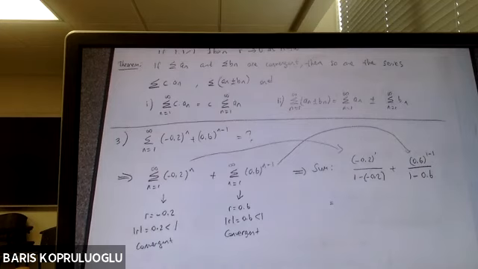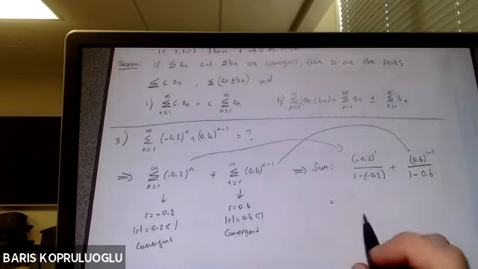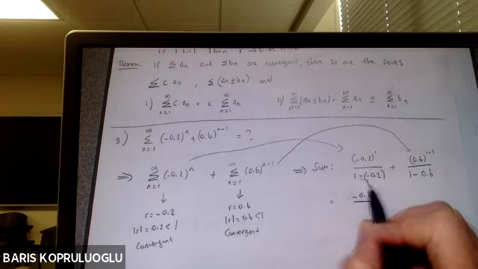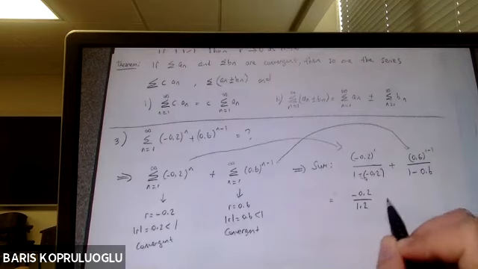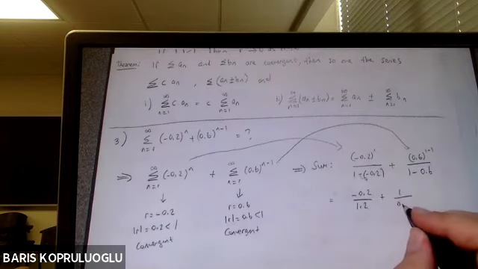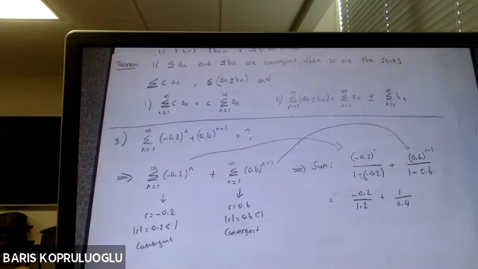Any questions so far? Okay, then let's finish this. Minus minus is going to give us plus, so you will have 1.2, and this is going to be 1 over 0.4. I think the easiest way to calculate that is converting them into fractions.